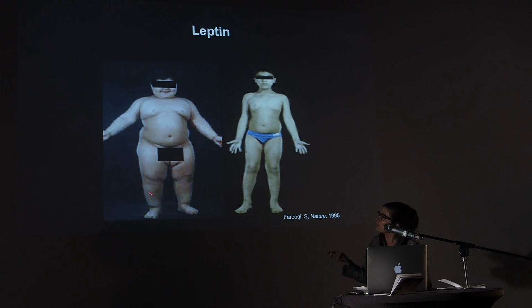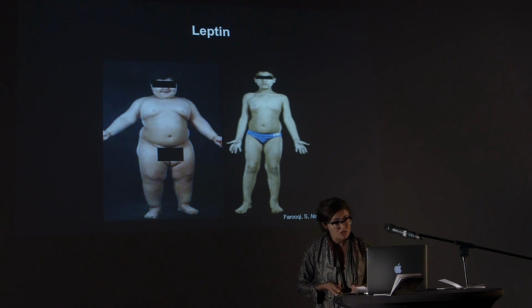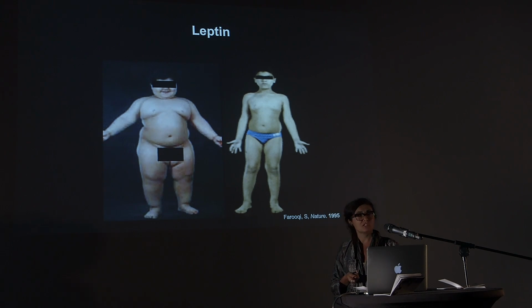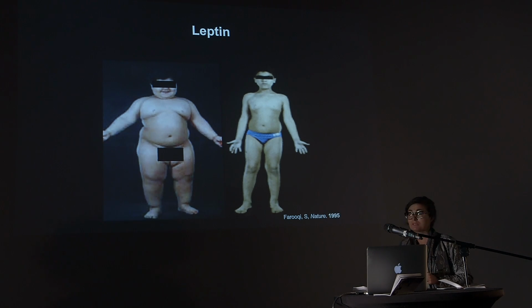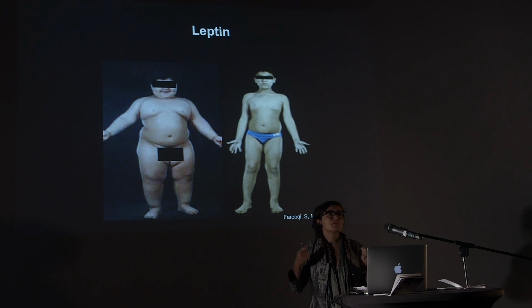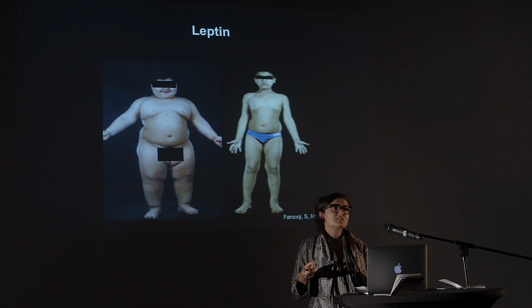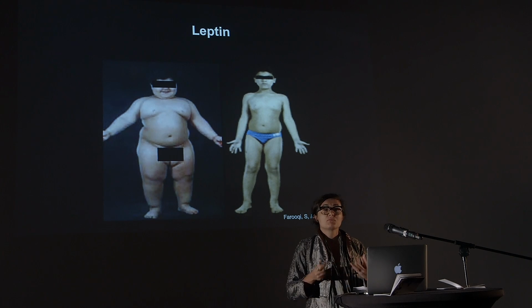So this child had a problem, and the health problem was identified as being a genetic mutation, which was running in a family that affected only one quarter of the members of that family. And the genetic mutation was a mutation in the gene that encodes for this hormone. If you inject this child with the gene product that it's missing, you normalize their body shape.